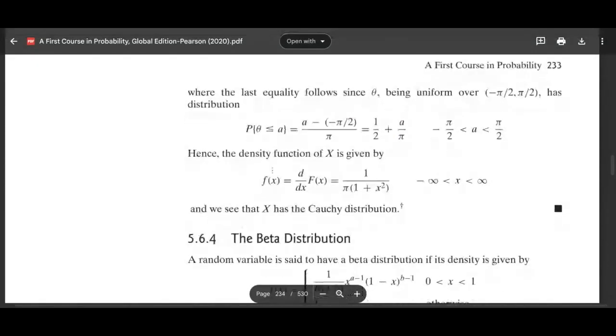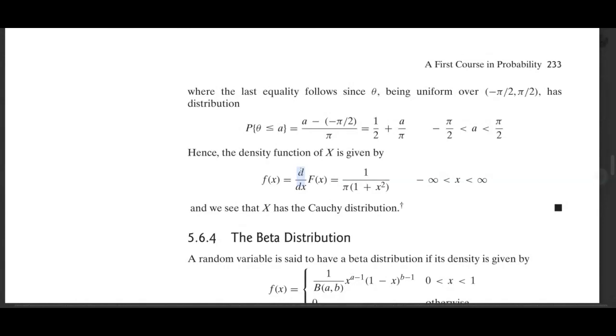Then the density function of x is given by differentiating the cumulative distribution function, which gives 1 over pi times 1 plus x squared. And then we see that x has a Cauchy distribution.